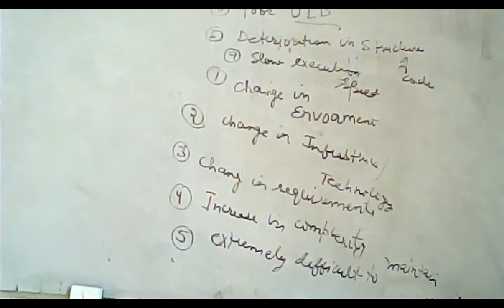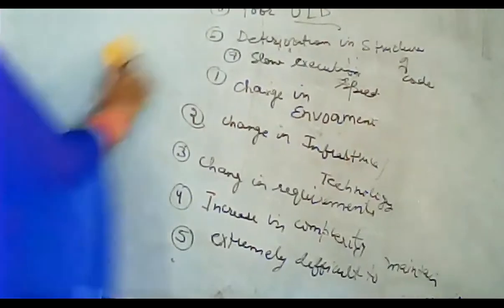So what is basically software reliability? It is the ability of the system or component.